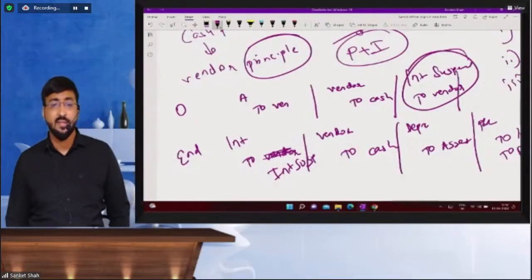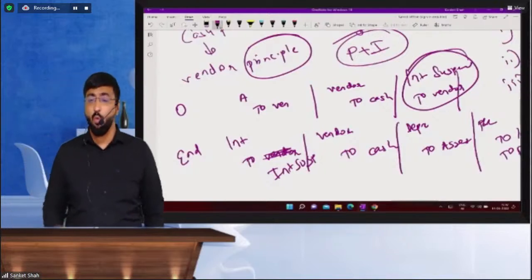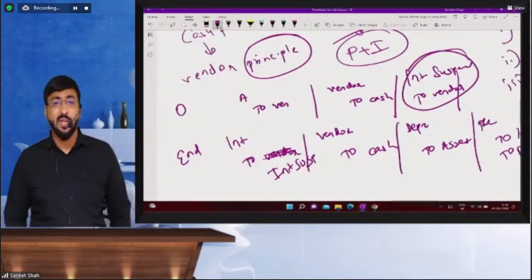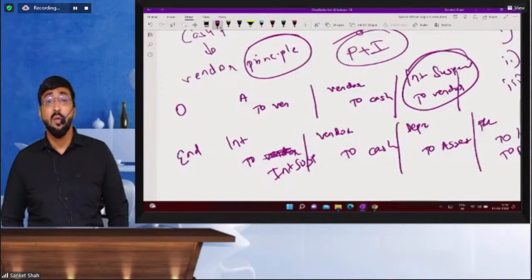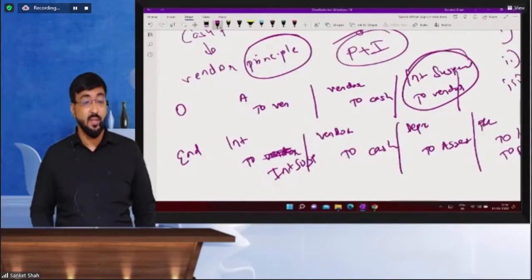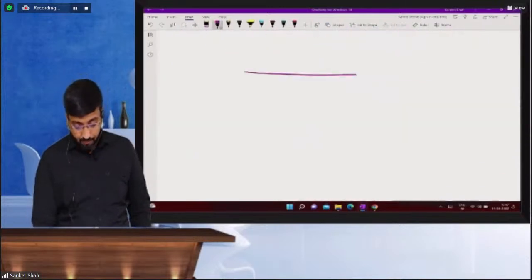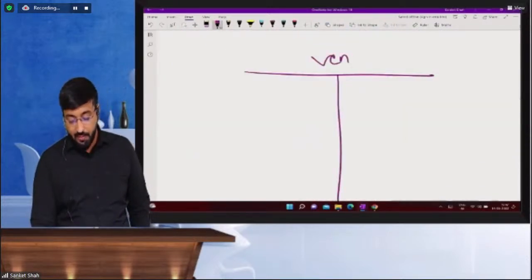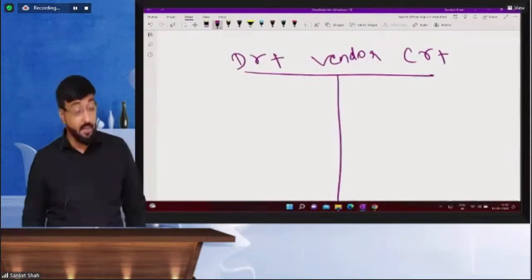My friends, cash price and interest suspense method, the only difference is in cash price, vendor is shown at principal amount, and in interest suspense, vendor is shown at principal plus interest amount. My friends, vendor account will be asked in the exam. Vendor is your creditor, so credit plus, debit minus.